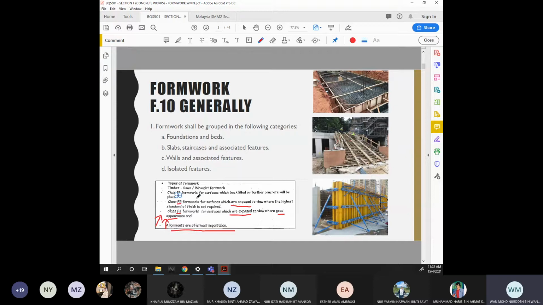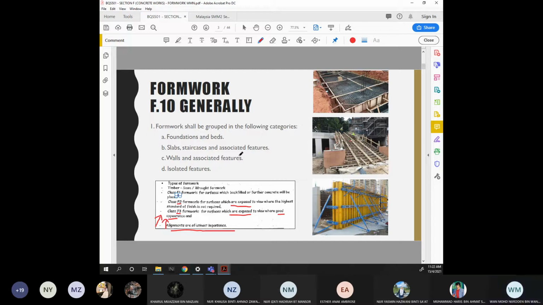By F1, normally F1 ni untuk kerja-kerja yang after that kita akan letakkan any kind of finishes ataupun skim coat and so on lah. Maksudnya kawasan untuk F1 ni permukaan dia lebih kasar lah. Formwork for surfaces which backfill or further concrete will be placed. Katakanlah kita buat column ke beam ke, and after that we will finish with other finishes lah.